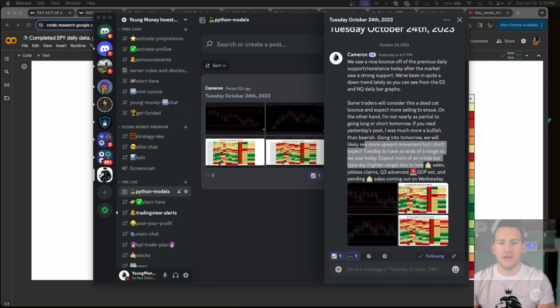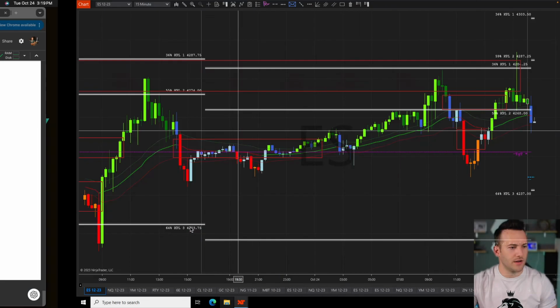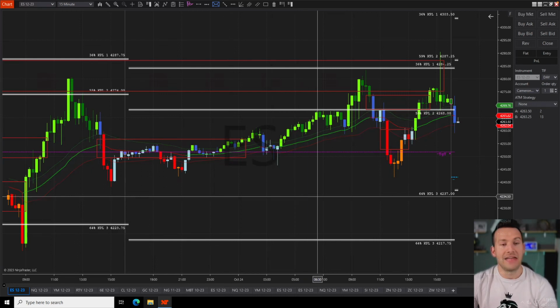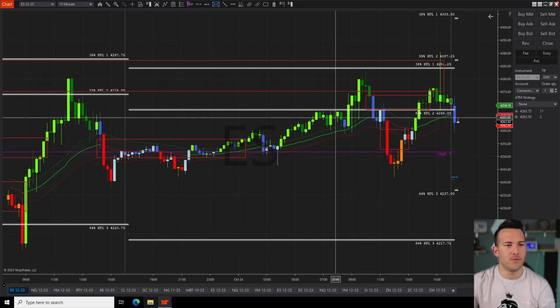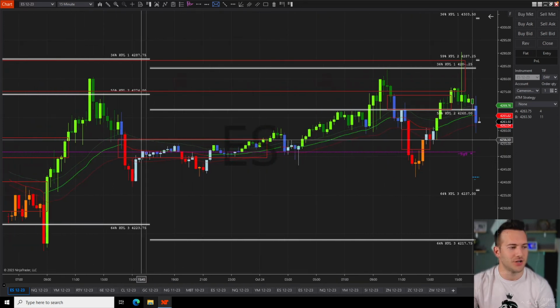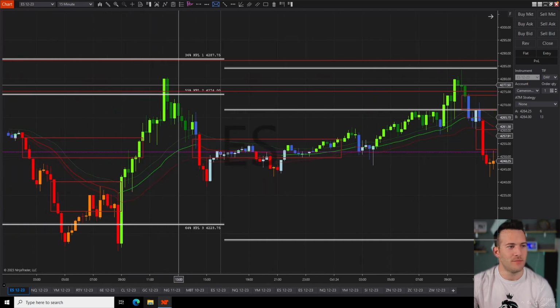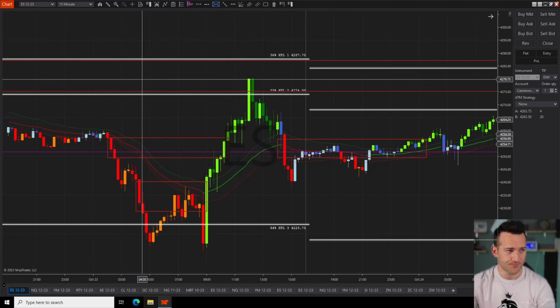So now we roll over here, and we're going to go to the charts and look at the key price levels. Our first move up was right to the fair value gap. This is exactly what happened yesterday when we got that move up into this red fair value gap zone previously, right?